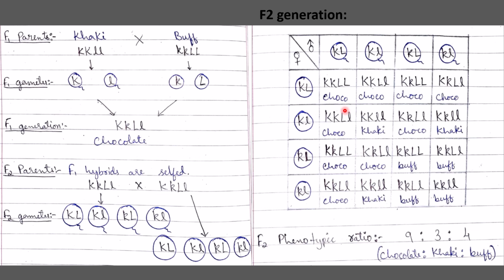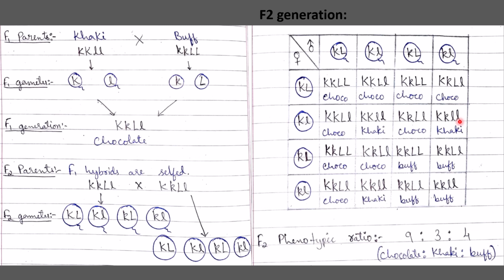Even here it is the same rule: whenever both the dominant alleles are present, a new trait, chocolate color, is produced. So these 9 genotypes produce a single phenotype, that is chocolate color.